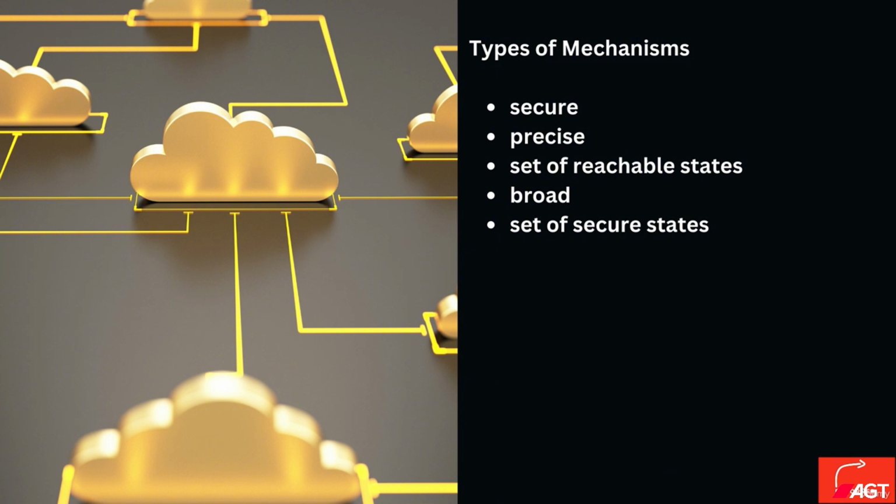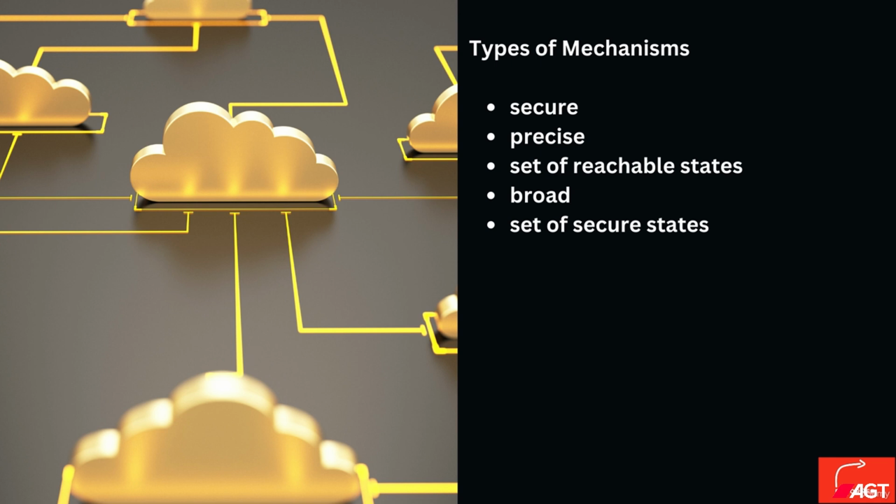In the cloud environment, security policies can be enforced through a variety of security approaches. The capability, design, and complexity of these mechanisms differ. Broad mechanisms are intended to provide a wide range of security features and protections, while precise mechanisms are intended to enforce security policies with a high degree of accuracy.